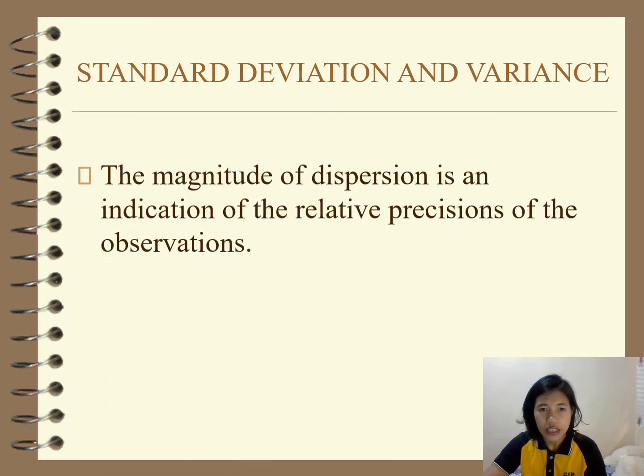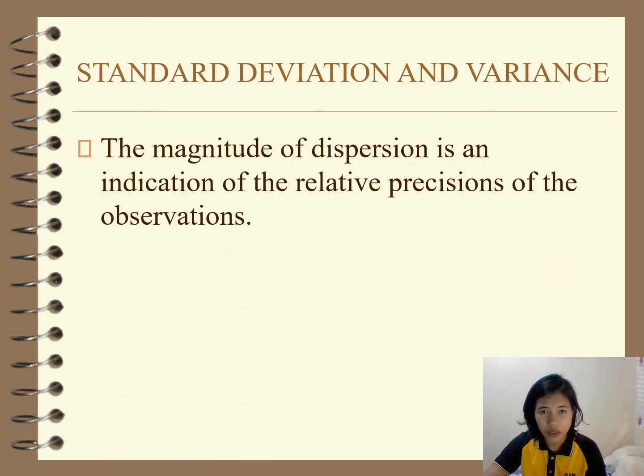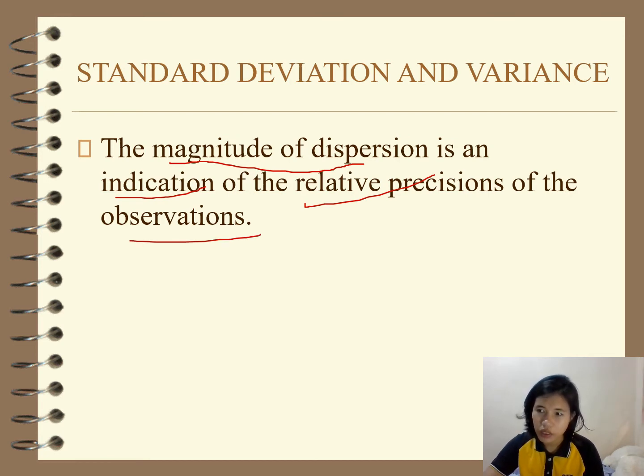Take note that the magnitude of dispersion, gaano ba ka-disperse yung data within the normal distribution curve, is an indication of the relative precision of the observation. So, kung gaano ka-disperse yung ating value, kung medyo increase yung pointed yung ating graph, which means masyadong precise yung ating mga measurement, individual measurement.